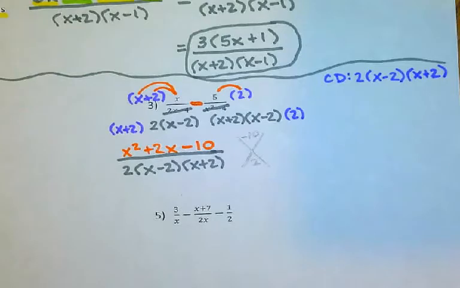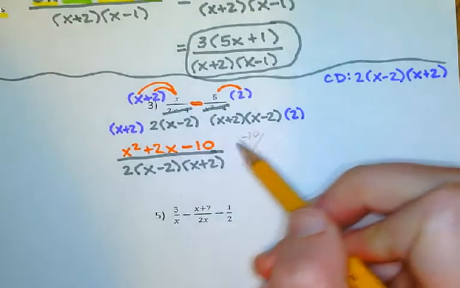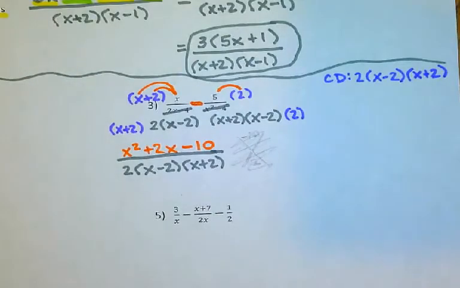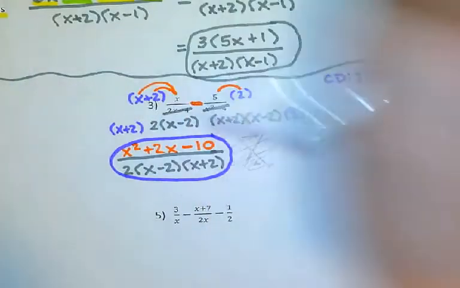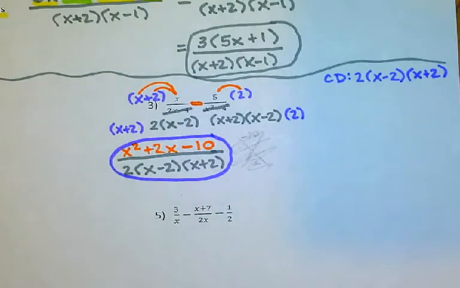This is not factorable. Alright, so this would be our final answer. Alright, sometimes it is that simple. Most of the time it is that simple. A lot of times our brains just like to complicate things.